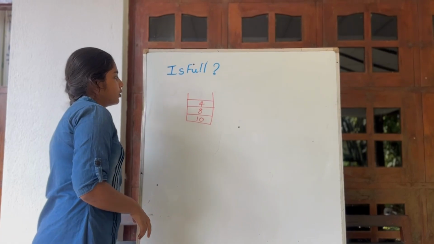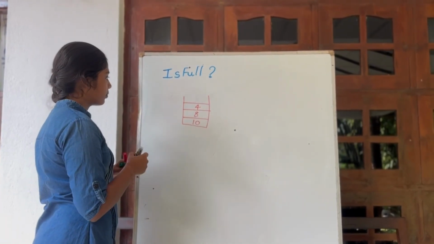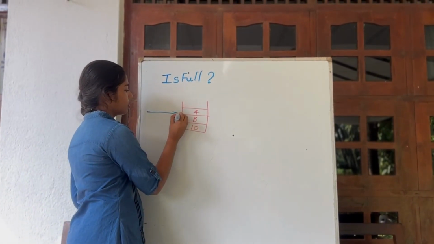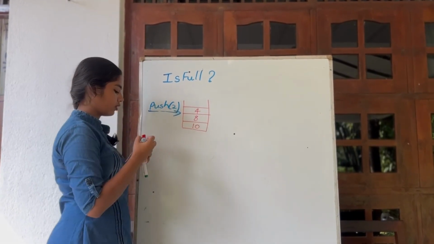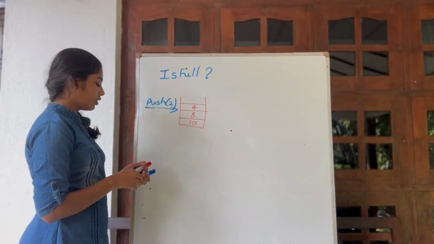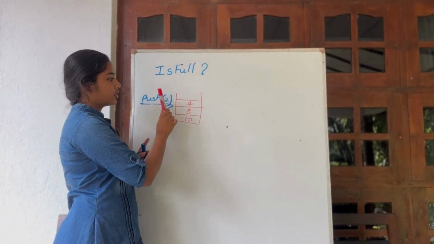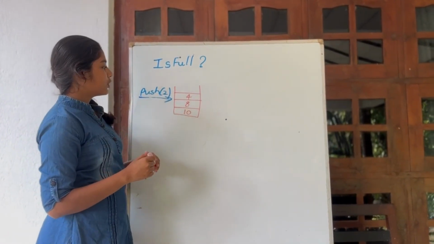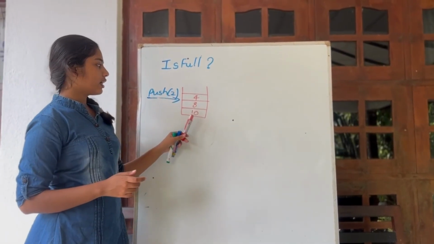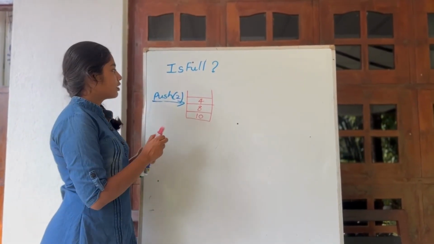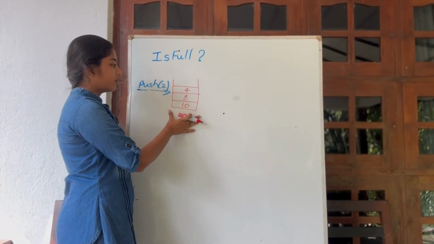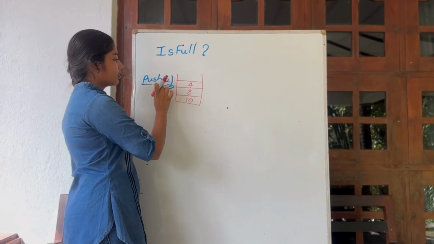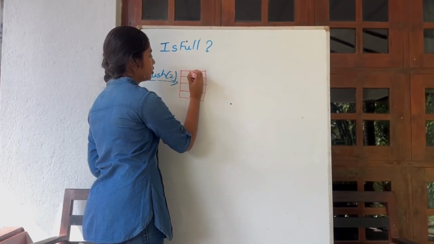Now I am going to push 2 to this stack. Before adding this 2, we have to check whether this stack is full or not. So this stack is not full, so we can add this 2 to this stack.